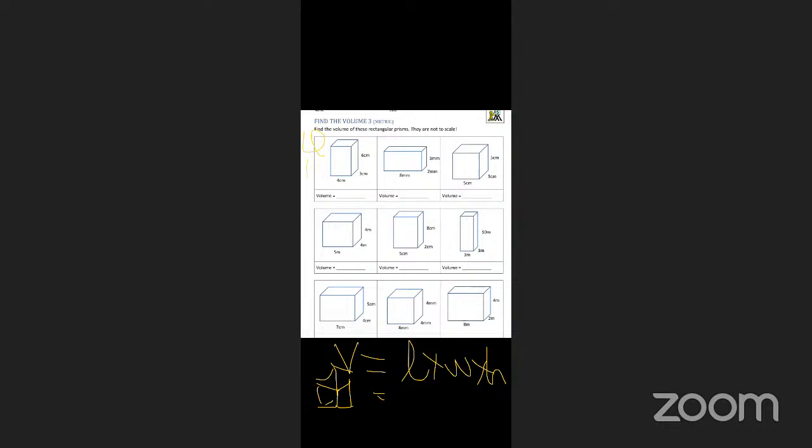We can say length equals 4. Okay, so our length equals 4, our width equals 3, and our height equals 6. Now we have the height, width, and length. Now what we have to do is sub it into the formula.